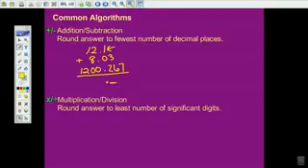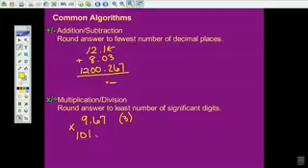With multiplication and division, I'm going to round my answer to the least number of significant digits. So if I have, let's say, 9.67, this number has 3 significant digits. If I'm going to multiply that by 101.2, this has 4 significant digits.